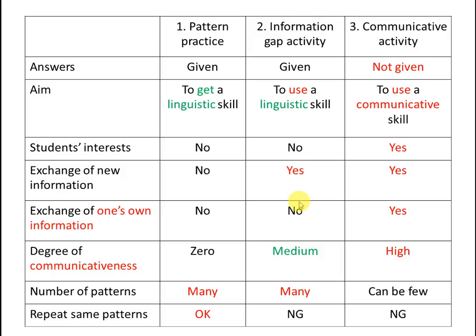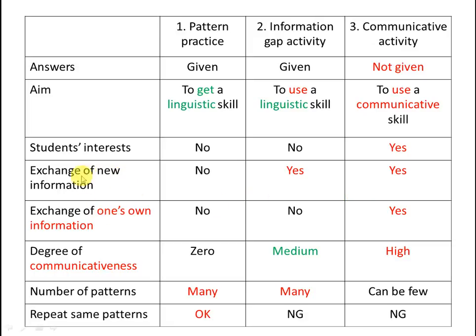So for those students, certain information can be new because they don't know it. And we can say the same thing about communicative activity. So we don't know what time our classmates go to bed, and we want to know. So we ask.